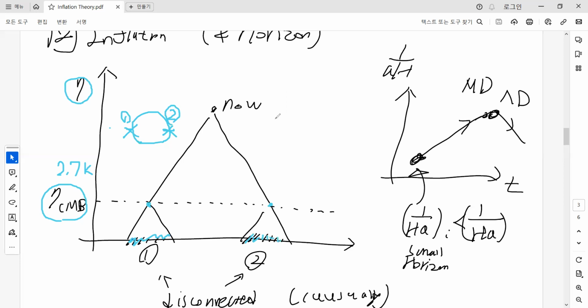We can interpret that during the matter-dominated era the horizon size increases, so the horizon size must have been small in the initial conditions, so it cannot provide causal connection for the correlated CMB.